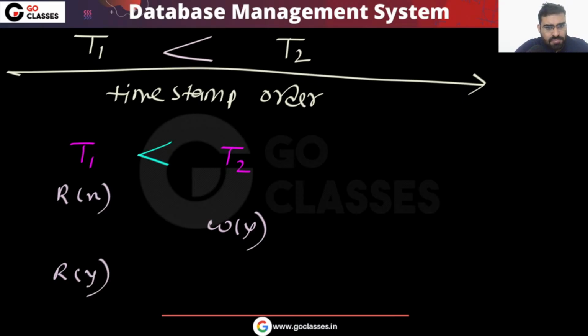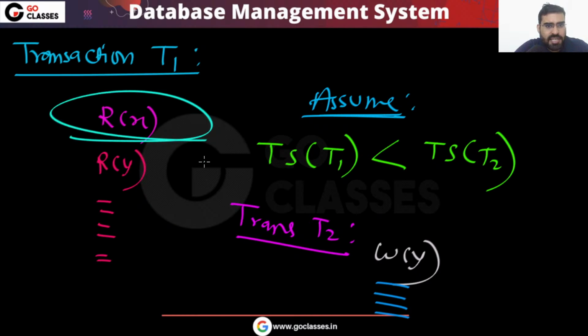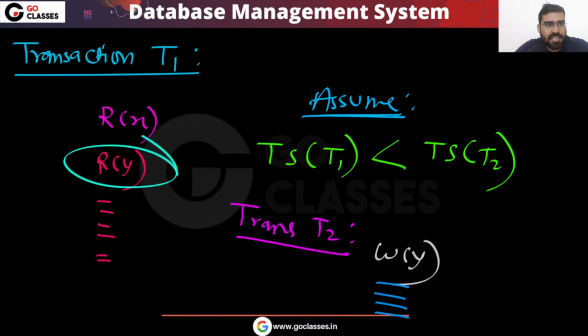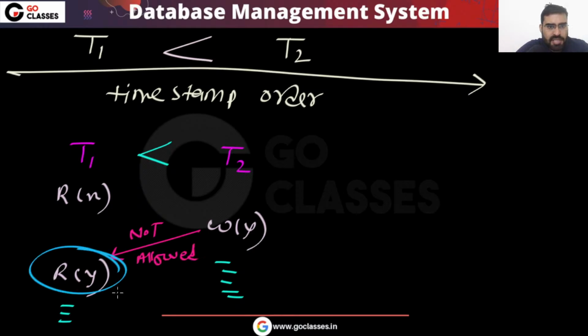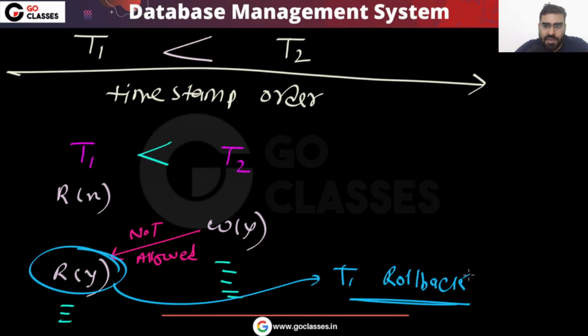This is not allowed, correct? So if this is not allowed, then T1 will roll back. Definitely T1 will roll back.